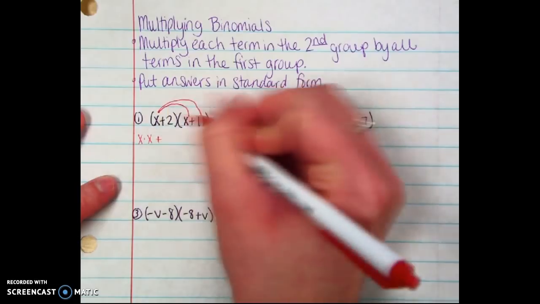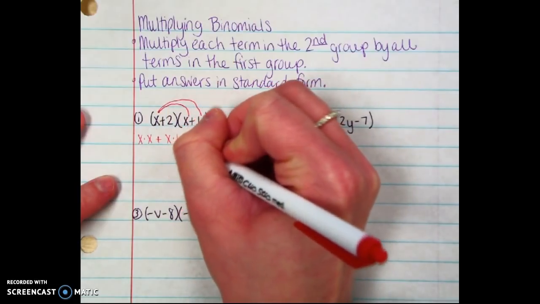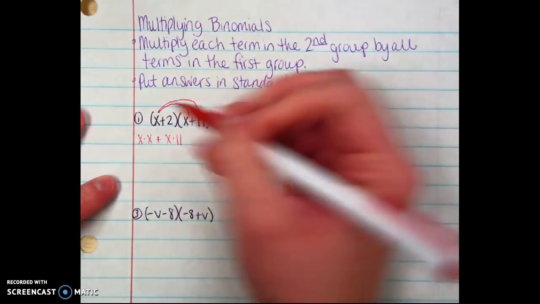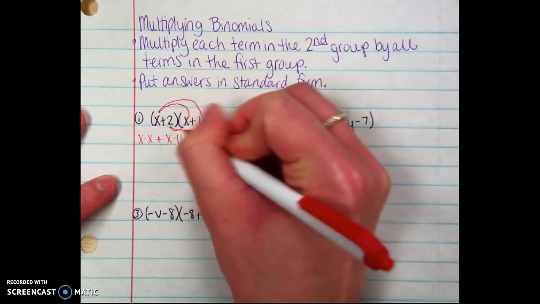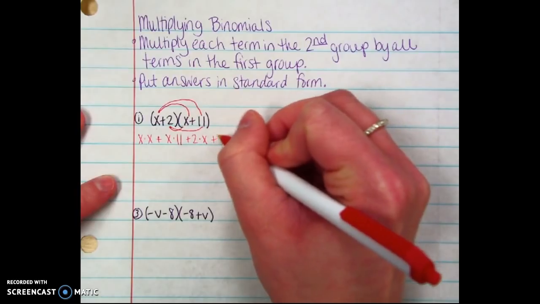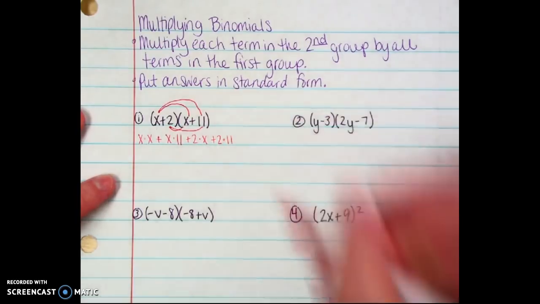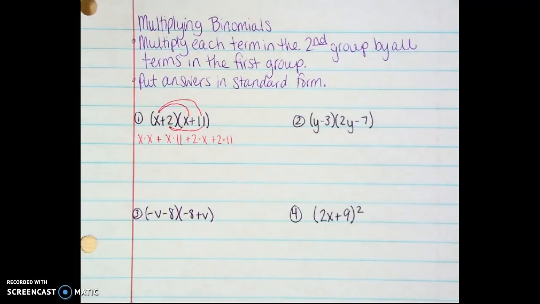So plus x times 11. Now I move to the 2. 2 times x, and then 2 times the 11. And again, when you're doing your homework and stuff, you don't need to write this part out. I just want to show you where I'm getting all these numbers from.